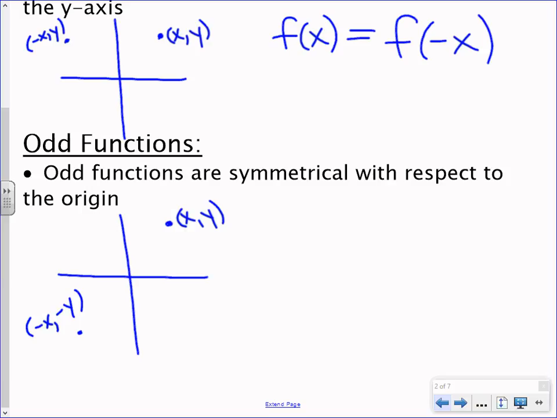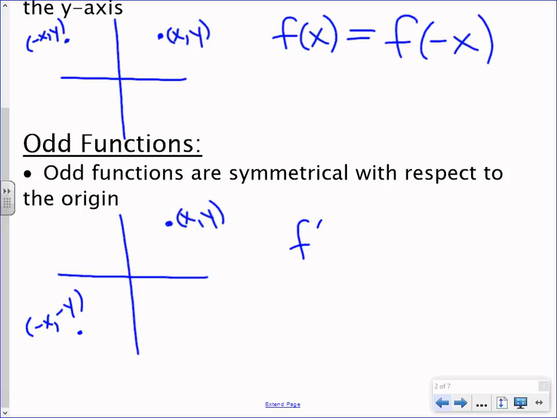We have a couple things happening. x, y and negative x, negative y are both there. So if we replace x with negative x and y with negative y, our equation will remain the same. So algebraically, this is what happens.